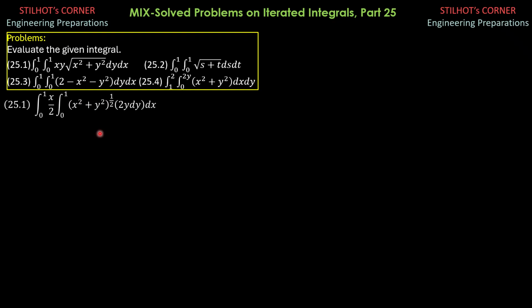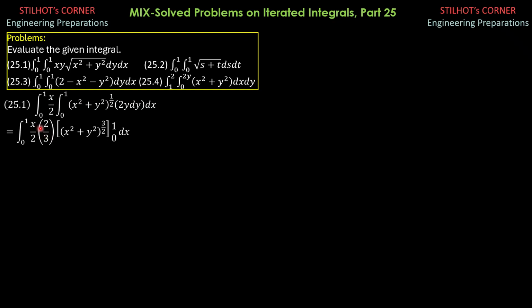So that would be equal to the integral 0 to 1 of x over 2 times the quantity x squared plus y squared to the 3 halves multiplied by 2/3, the reciprocal of 3 halves, from 0 to 1 dx.